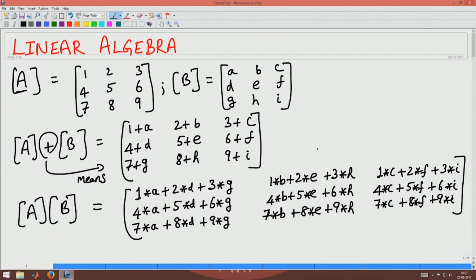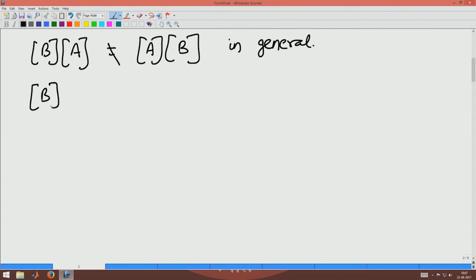To see what it means, let us write the first entry of B into A. I have to multiply the rows of B with the columns of A. So, the first entry there is going to be A times 1 plus B times 4 plus C times 7, right.